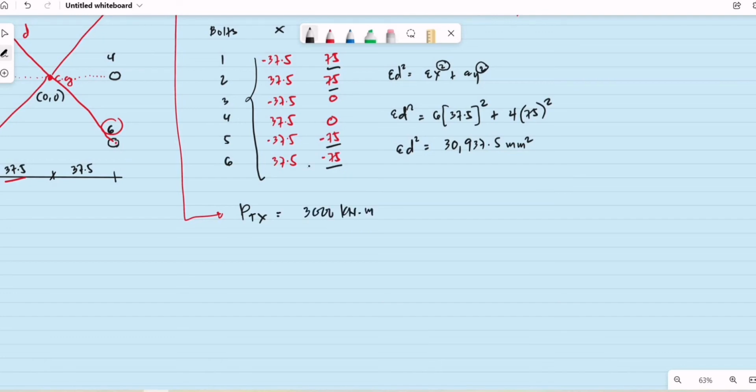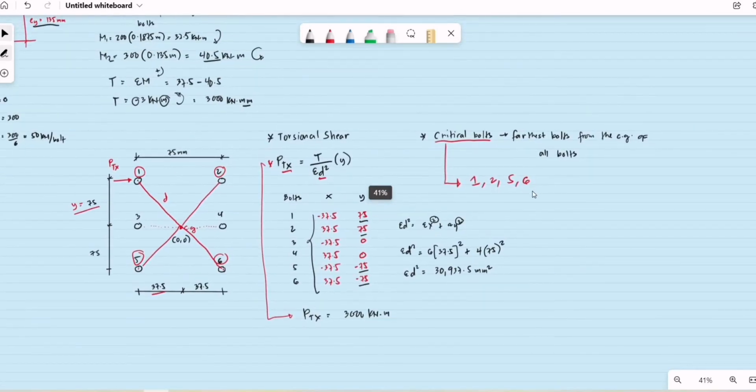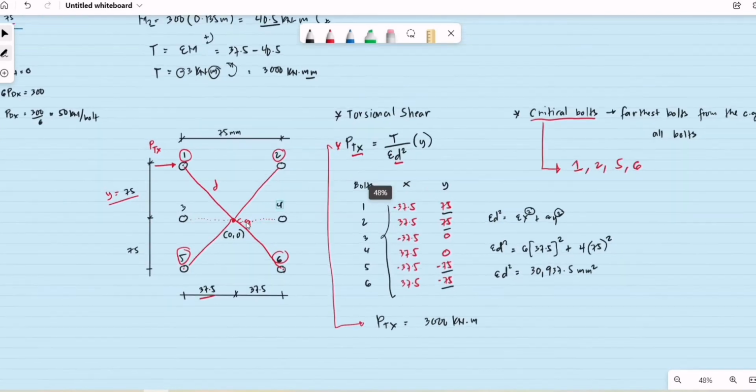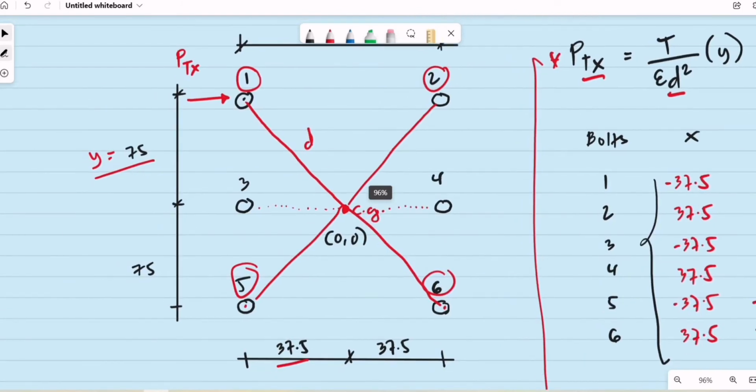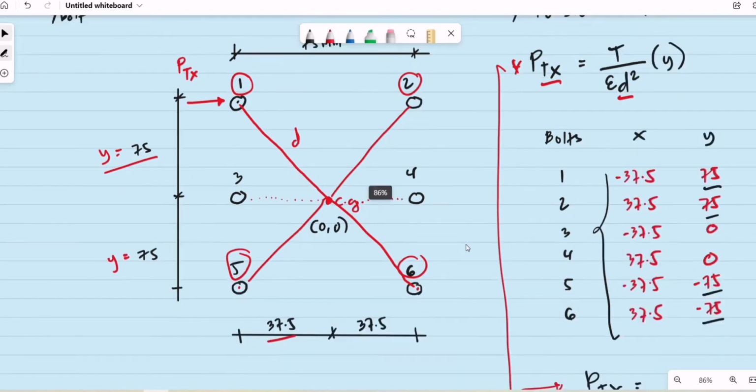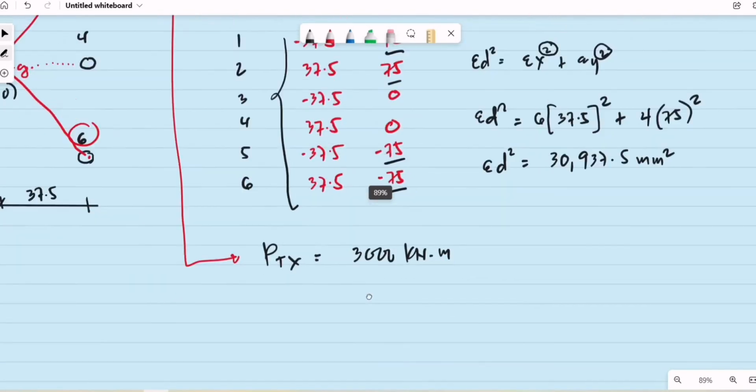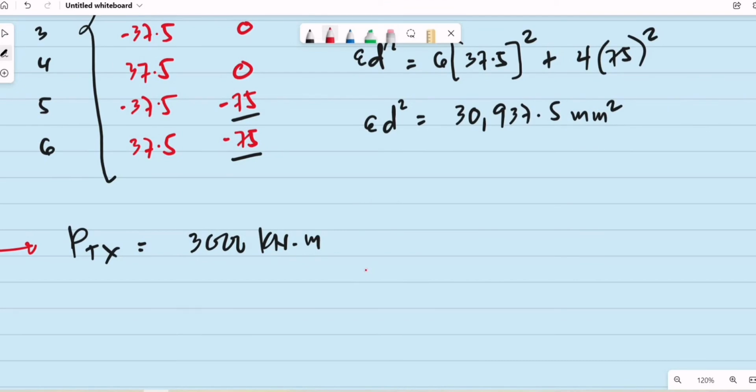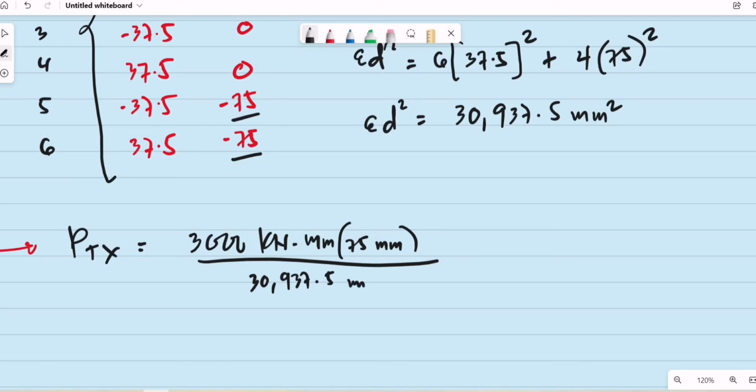The distance of the centroid of bolts 1, 2, 5, and 6 from the center of gravity is basically equal to 75 mm. That will be the value of our Y. So multiplied by Y, the value of Y is 75 millimeters, divided by the summation of the D squared, which is 30,937.5 square mm.